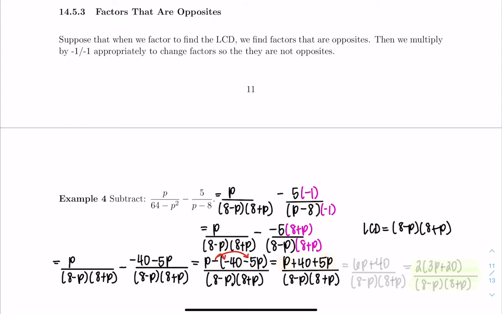And then combining like terms, we have p and 5p, which is 6p plus 40 all over our LCD. And I think the only thing you can do on the top is take out a GCF of 2, then you're left with 3p plus 20 all over your LCD.